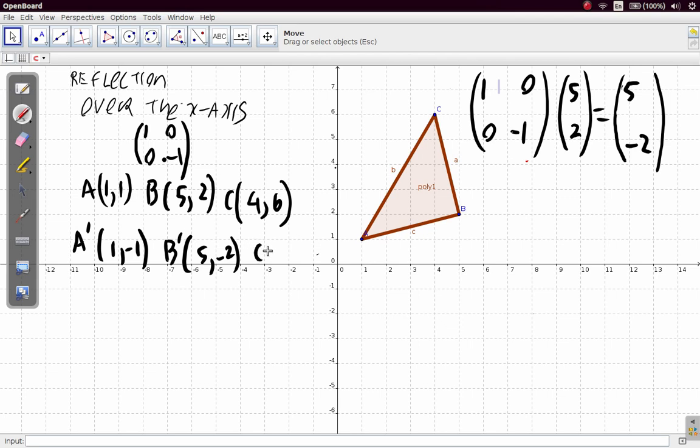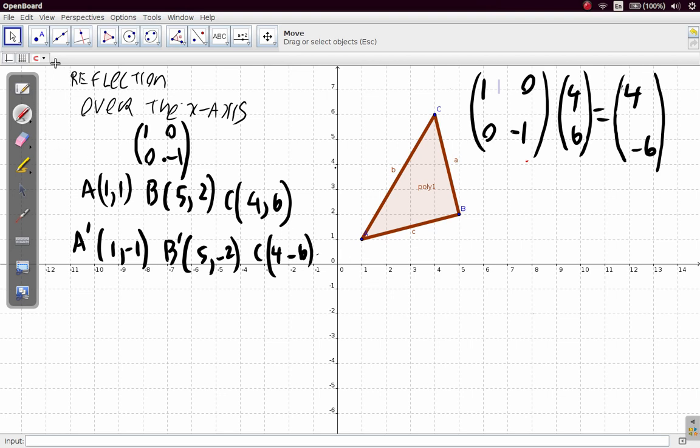And C is 4, 6. 1 by 4 is 4, plus 0 by 6 is 0. 0 by 4 is 0, plus negative 1 by 6 is negative 6, so it's 4, negative 6.